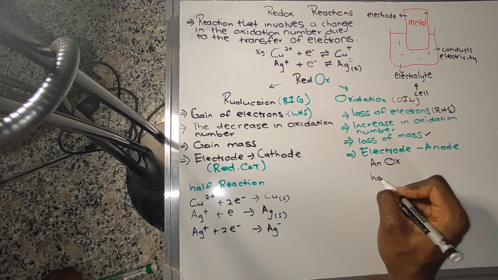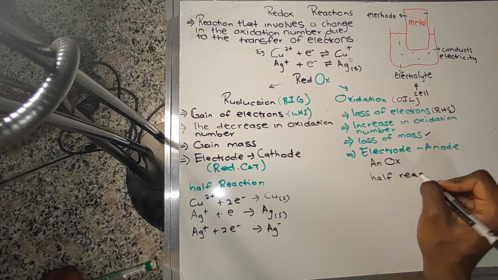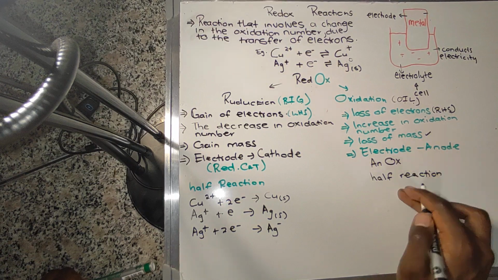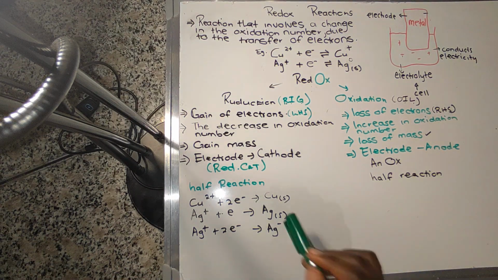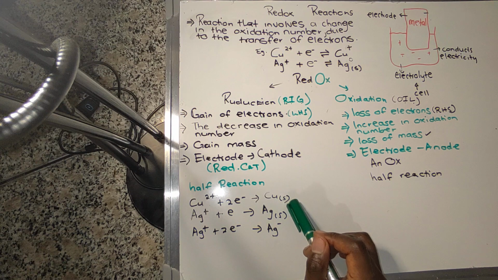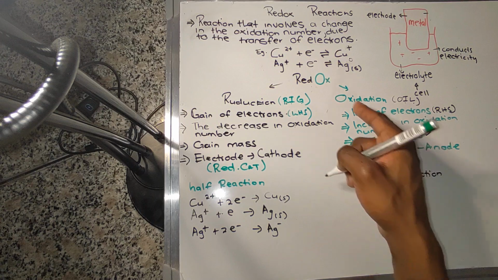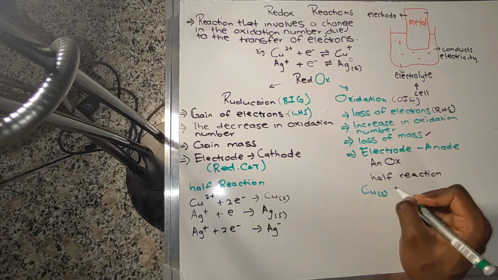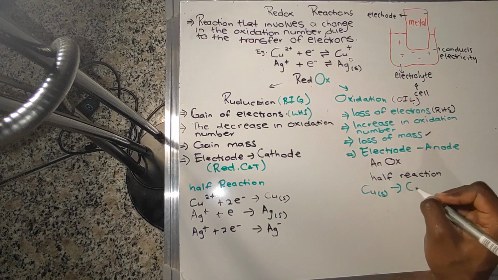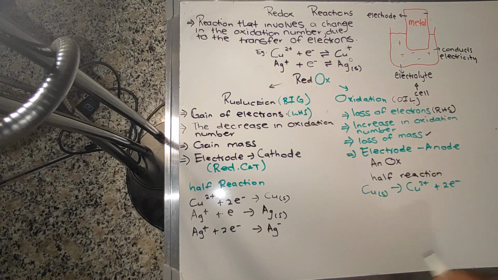Again, here we have a half reaction just like the other side. Remember, we said all reactions undergoing oxidation have electrons on the right hand side. So if you write this reaction in reverse, the electrons will now be on the right hand side. So that means the oxidation half reaction here will be Cu in a solid producing Cu2+ plus 2 electrons, and we can write all the other reactions as well.